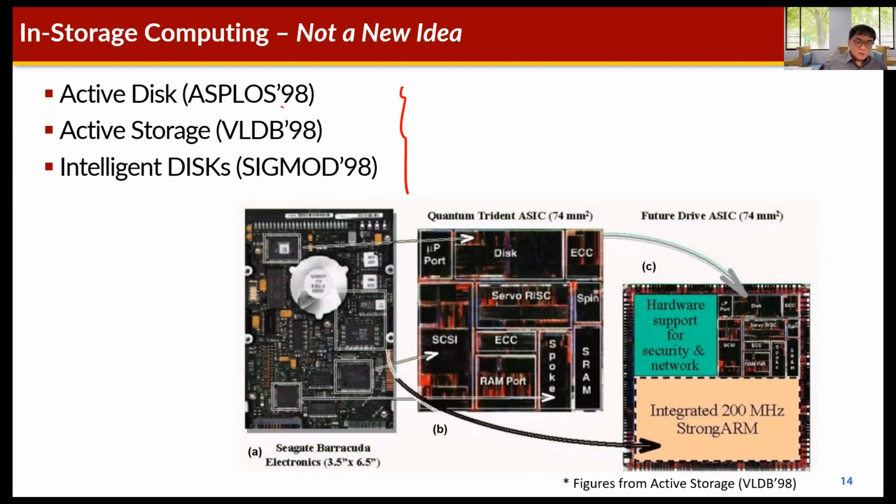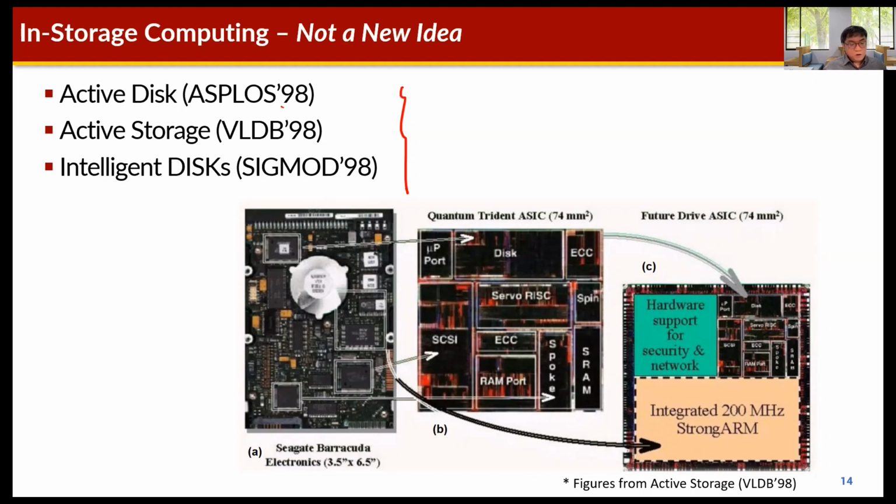But actually we know that host CPUs cannot be applied to storage systems because of many issues, such as thermal issues or power consumption issues. So this was the ideal case, but recently the performance of ARM processors, like embedded processors, is also very high.